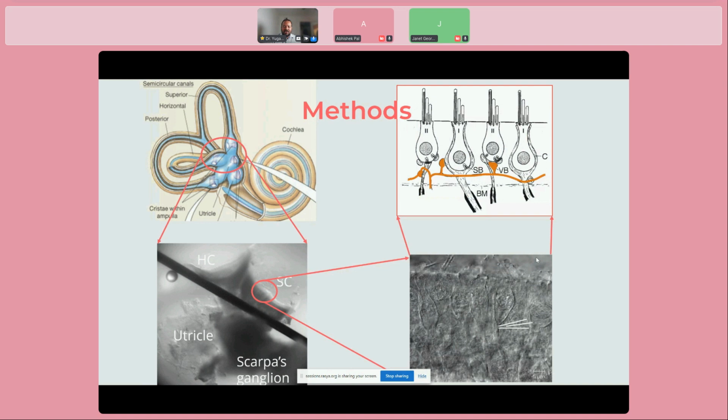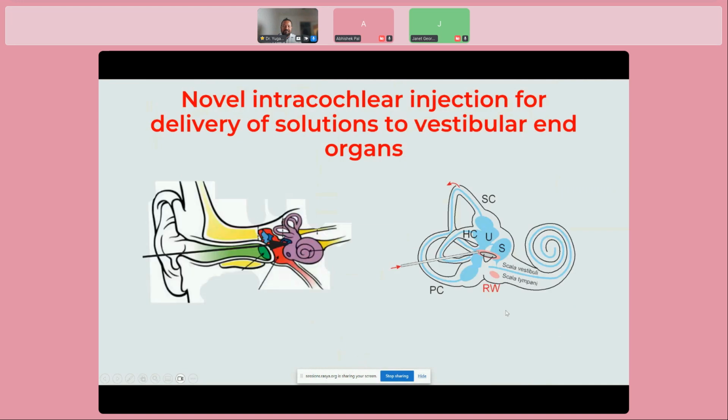It doesn't act on the brain, but we found that the efferents have the capability of stimulating the lost function. This is the sensor that we took out from a live mouse, and then we injected drugs into it and saw what happens. We found that there is a GABA B channel. If we stimulate it, it can act like a normal one.